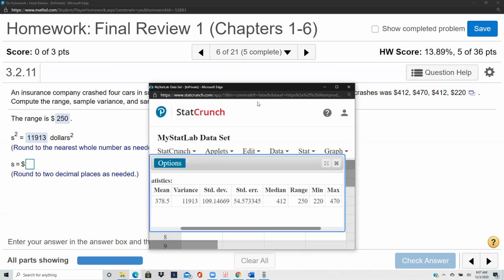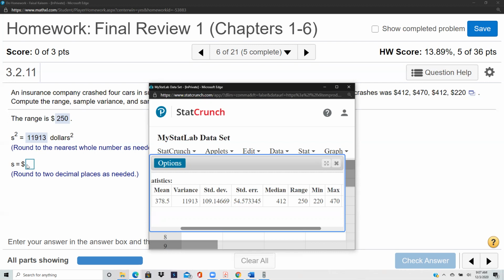Okay, so which one is the population if we need that? Let me go look. It would be unadjusted, right?